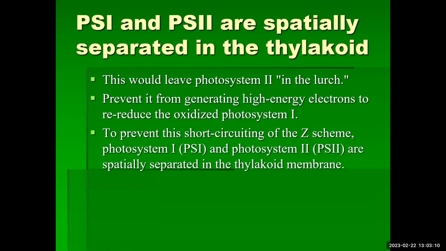And that would leave photosystem 2, instead of being reoxidized, in the lurch. And that would prevent it from generating enough high energy electrons to properly reduce photosystem 1. So if photosystem 1 gets over activated, it will not get re-reduced.